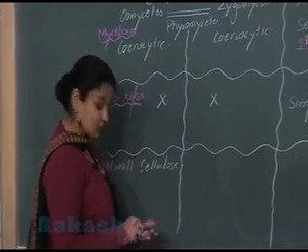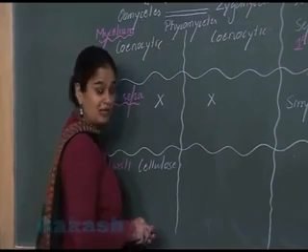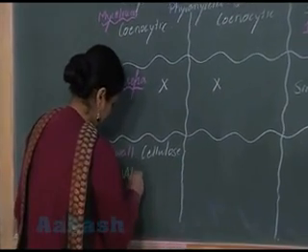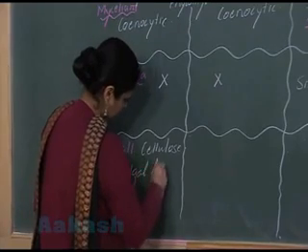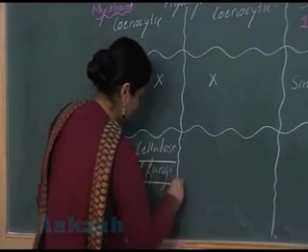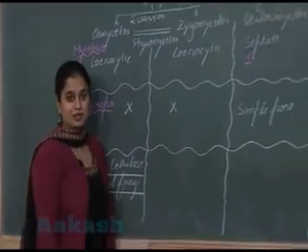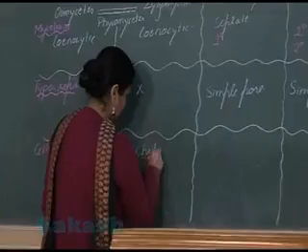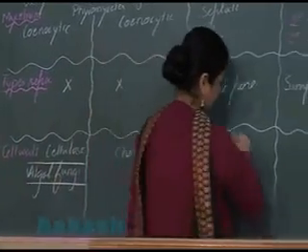That's why this group is also known as algal fungi, having cellulosic cell wall. And in the rest of the groups, cell wall is made up of chitin.